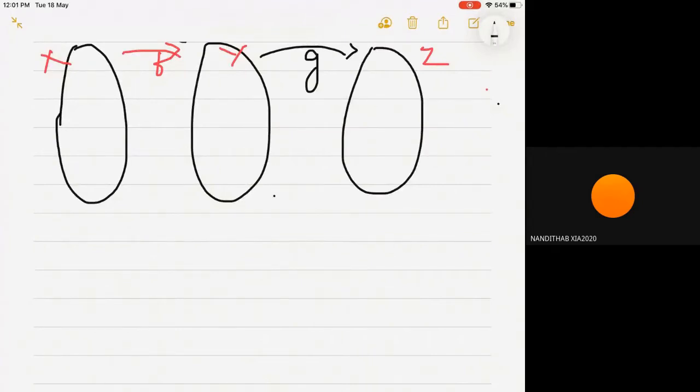Compositional functions have some restrictions for the domain. You can just view here.